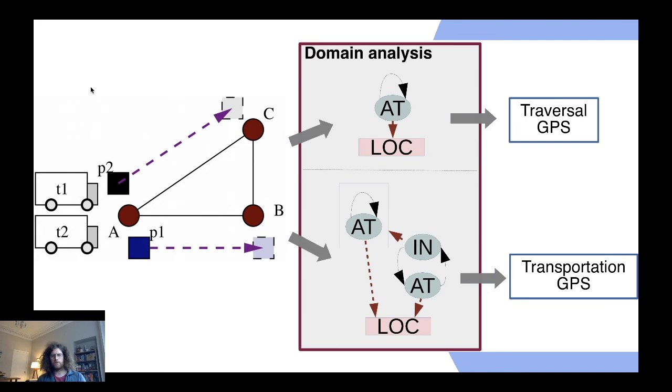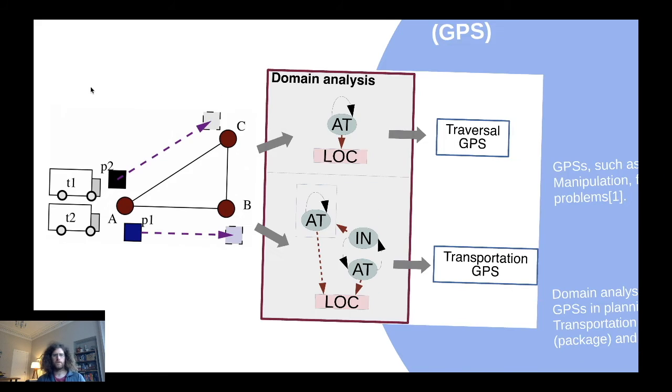With packages, you have these structures where you can transfer between being in a truck to at a location, and together this is the characterizing, they called it a fingerprint, for what it means to be a transportation domain. And they looked at a lot more generic ways to define these things, so for example drivers and keys and other relationships that exist.